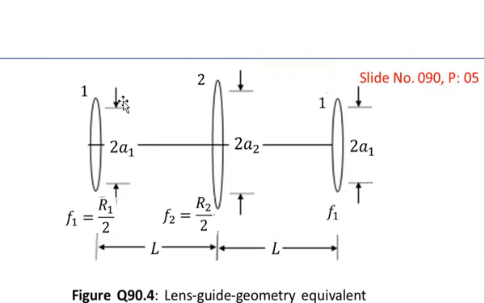The transverse coordinate at the location of lens 1 is x1 y1. At the location of lens 2, the transverse coordinates are x2 y2. Transverse means perpendicular to the z direction, which is the direction passing through the center of these lenses. And the coordinate at lens 1 on the rightmost side is x3 and y3.